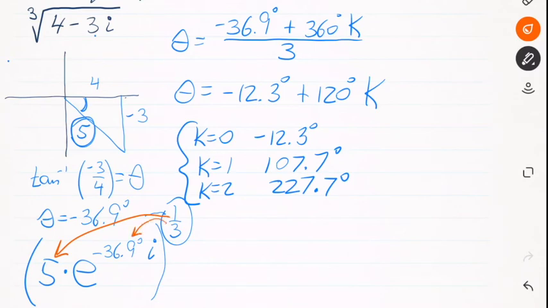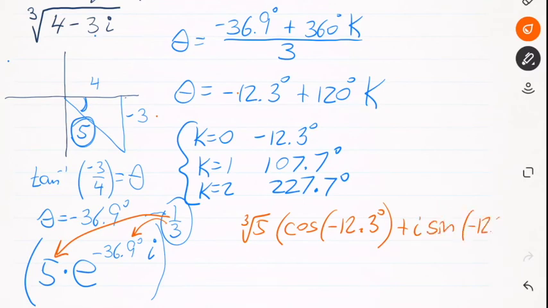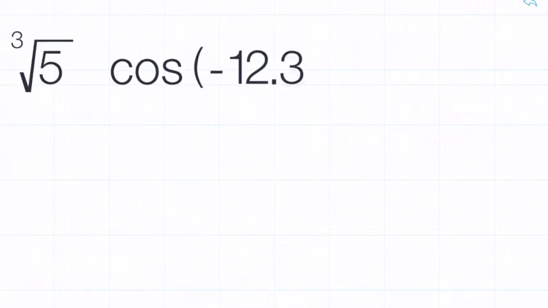We took care of dividing this angle by 3, but we never took the third root of 5. So this would be the third root of 5 times cosine of negative 12.3 degrees plus i sine of negative 12.3 degrees.